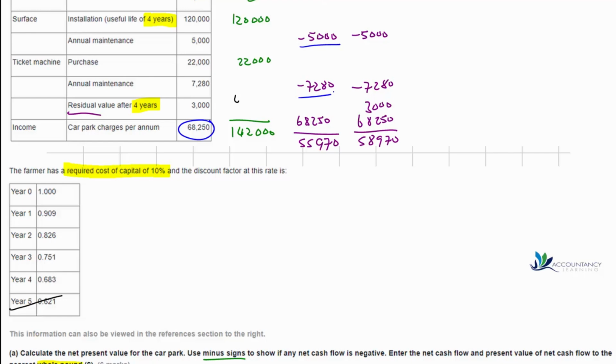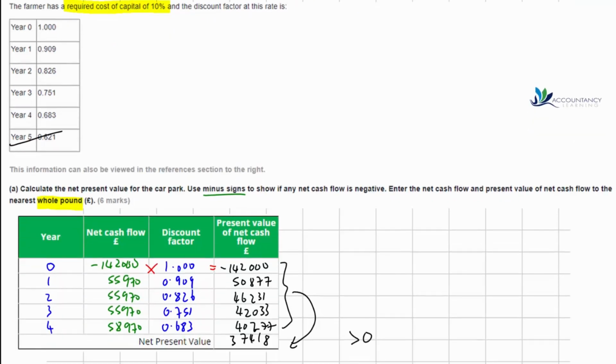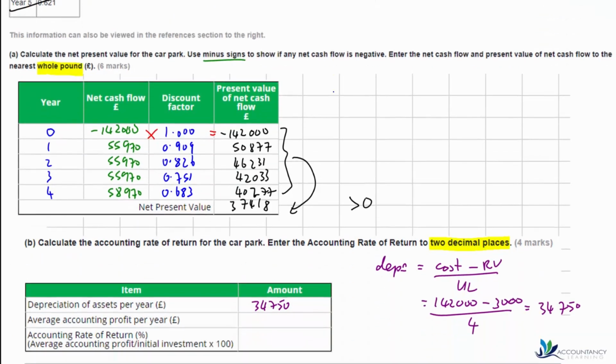But we also, from an accounting purposes point of view, need to deduct the depreciation expense as well. So we deduct the 34,750. And that gives us an average accounting profit for the year of 21,220. So remember, that was the 68,250 minus the 5,000 minus the 7,280 minus the 34,750.